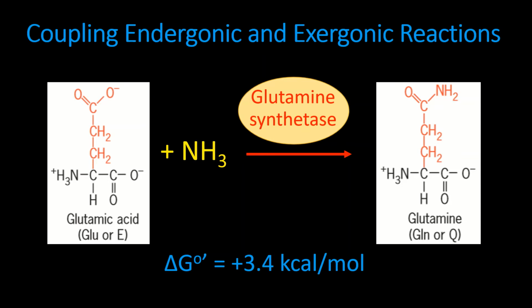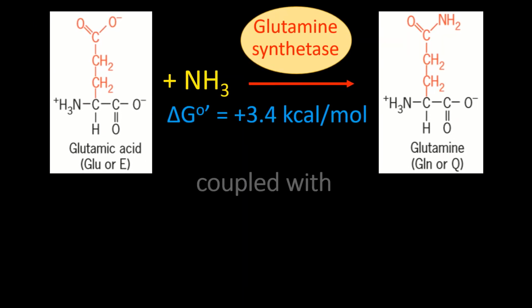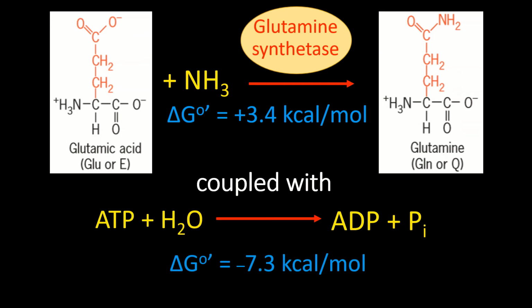The answer is, it needs a source of energy to be coupled with this particular reaction. Okay? And that source of energy that's going to be coupled with this reaction is that of ATP. So we couple it with the hydrolysis of ATP, which has a free energy change of negative 7.3 kilocalories per mole.